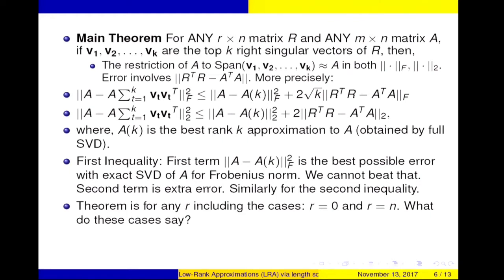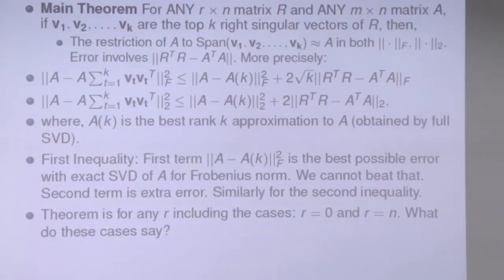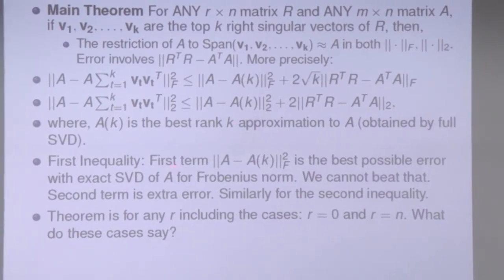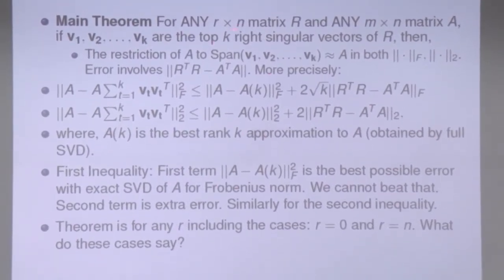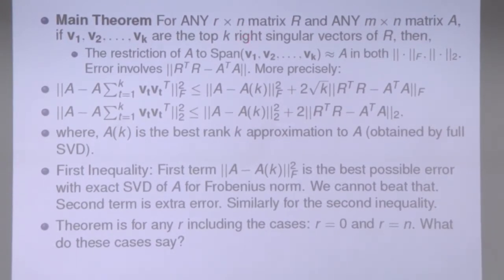That means I pick no rows in R. So R transpose R is 0, and there's no V's, so this is also 0. I should have said, no, I'm sorry, this is true for all k.